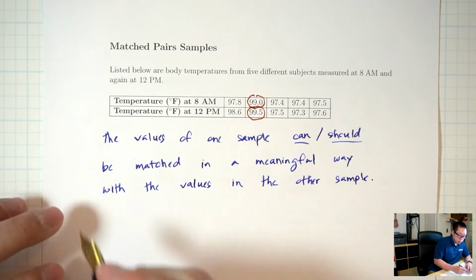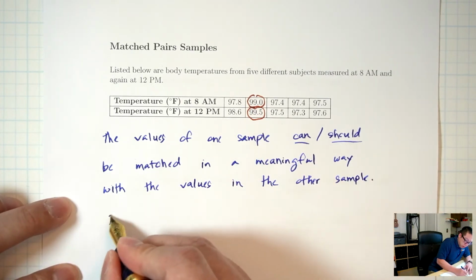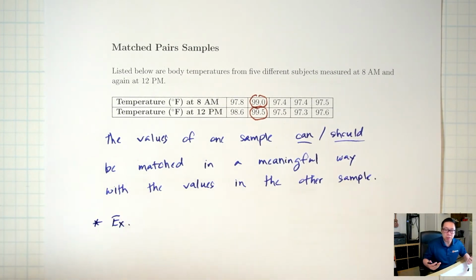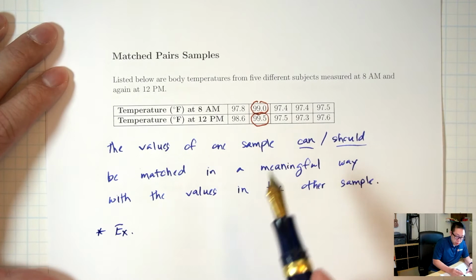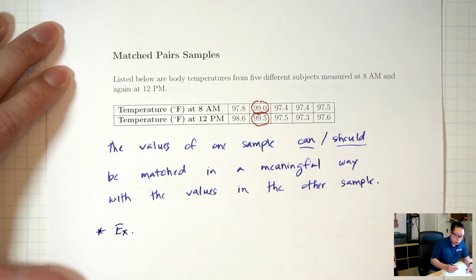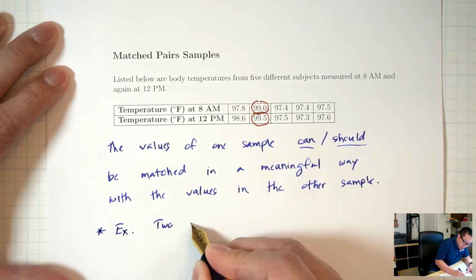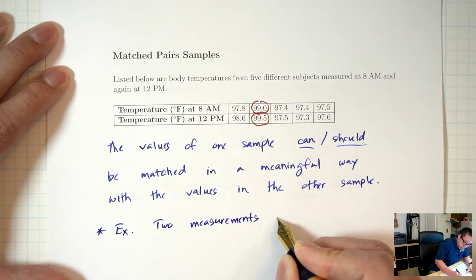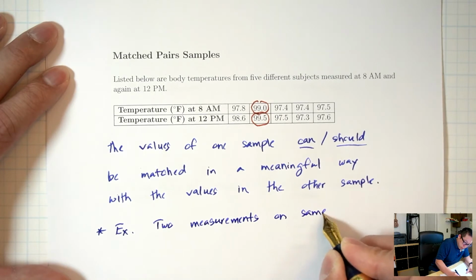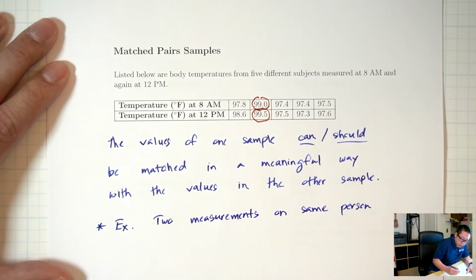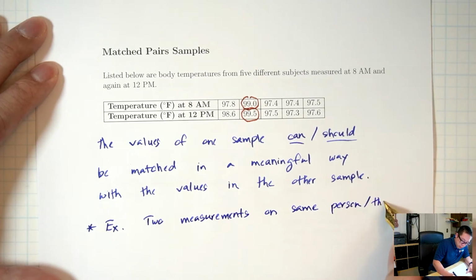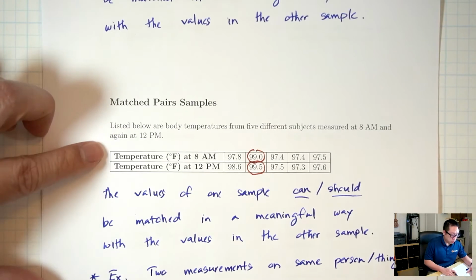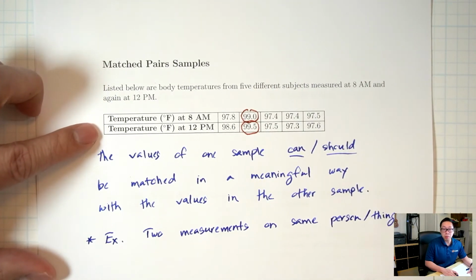And common examples of the matched situation are, there's really two main situations that you'll encounter in this class. One is this situation where we're taking two measurements on the same person. Same person or thing. And then the other situation is where the people in one sample are related to the people in the other.